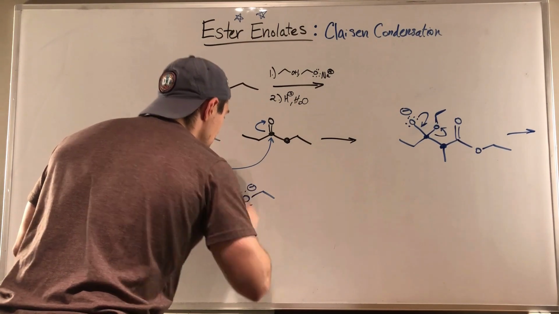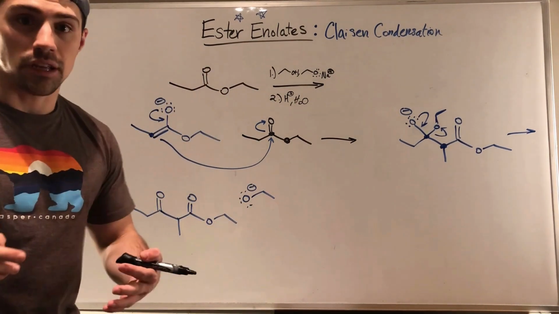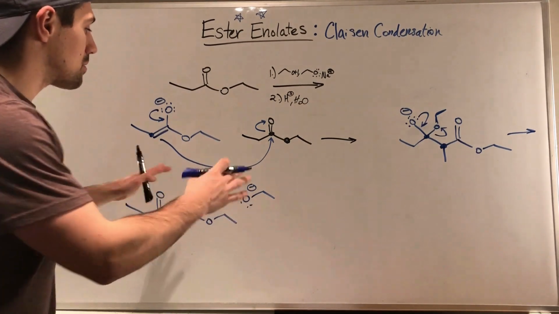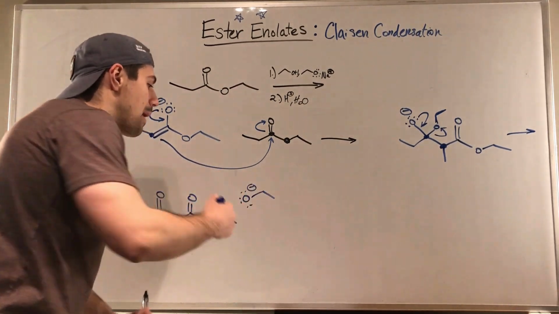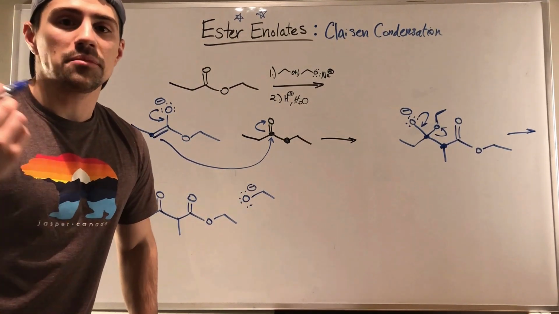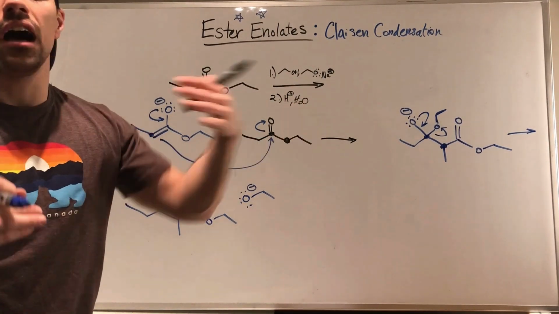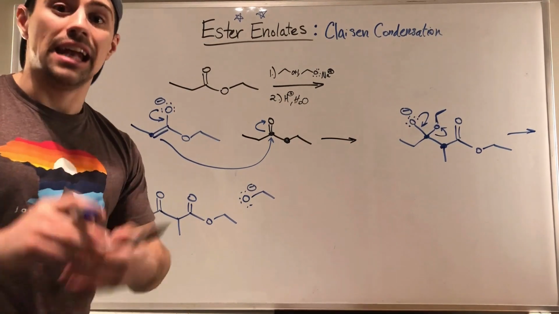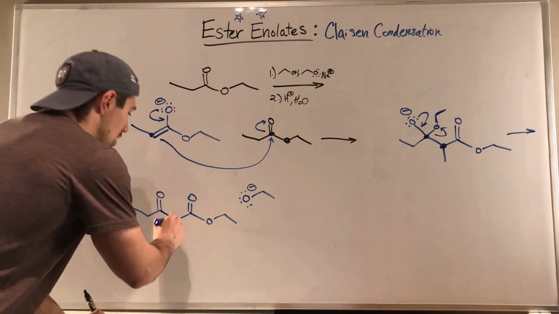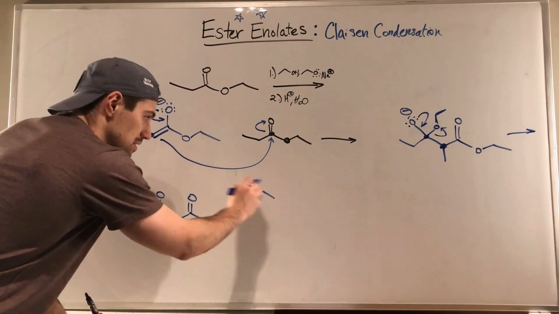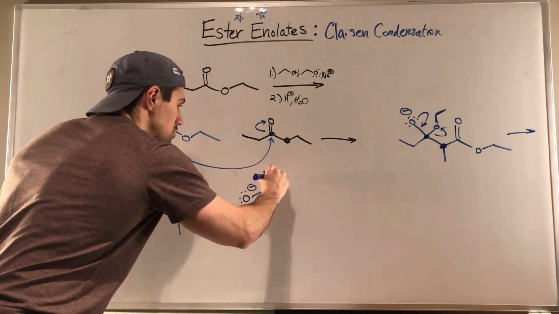And one requirement of a Claisen condensation is, at this point in the reaction, this was not the best choice of leaving group. We need some kind of energetic payoff for ejecting a leaving group that wasn't spectacular. And it's at this point that you need to quench this base, right? This base needs to be quenched.